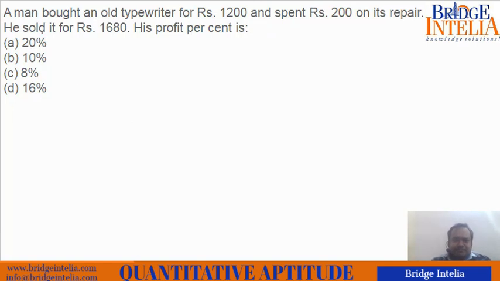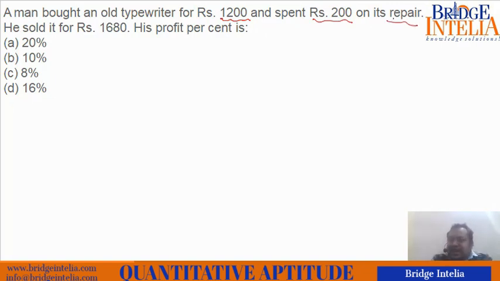The first one: a man bought an old typewriter for rupees 1200 and spent rupees 200 on its repair, and then he sold it for rupees 1680. So his profit percentage is equal to what? Please understand, what is his total investment? He bought it for rupees 1200, but he had to spend another 200 rupees to repair it.